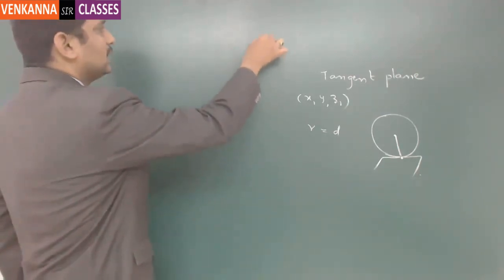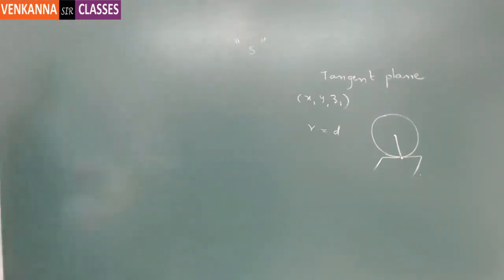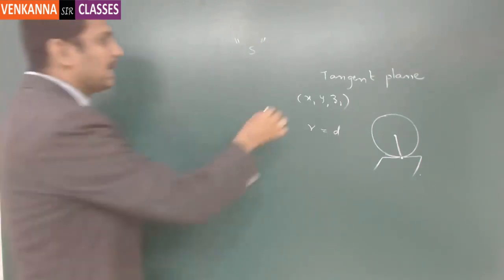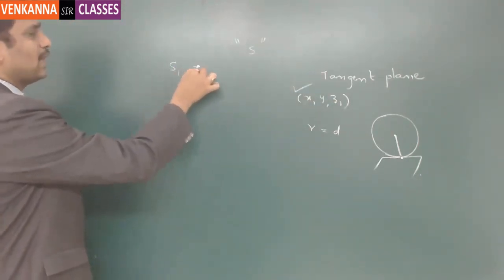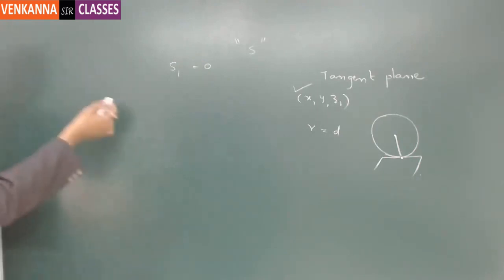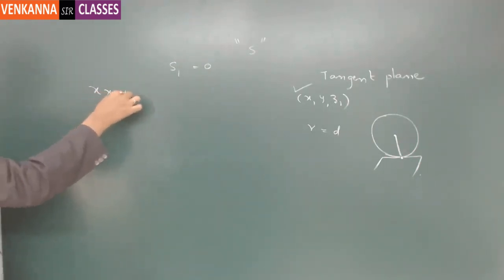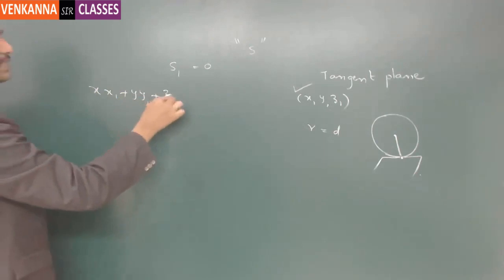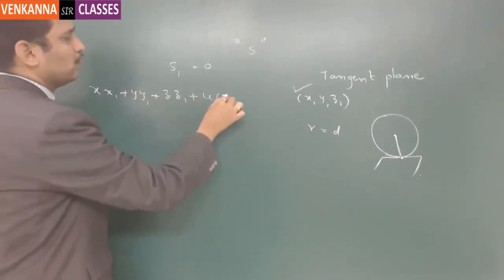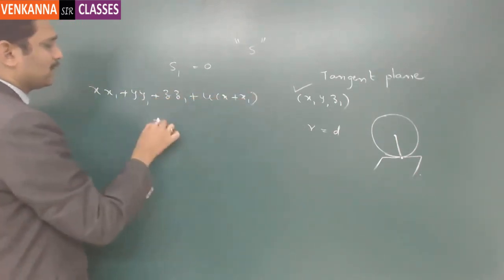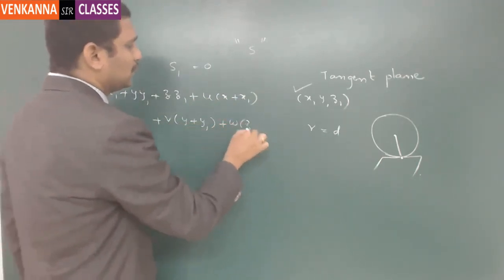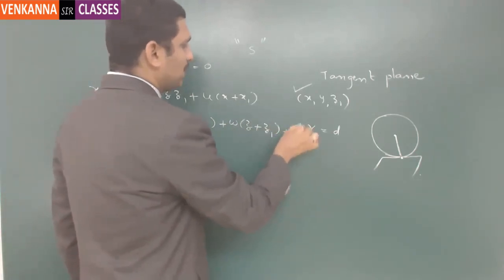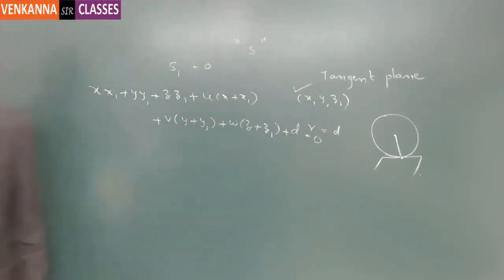If you take the given sphere as S, then the equation of the tangent plane at a particular point is S1 equal to 0. The notation is xx1 plus yy1 plus zz1 plus u into (x plus x1) plus v into (y plus y1) plus w into (z plus z1) plus d equal to 0.